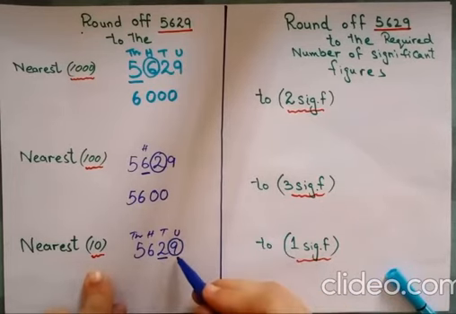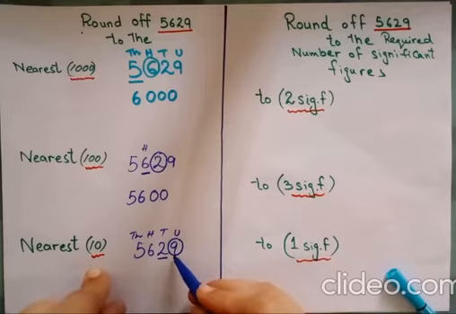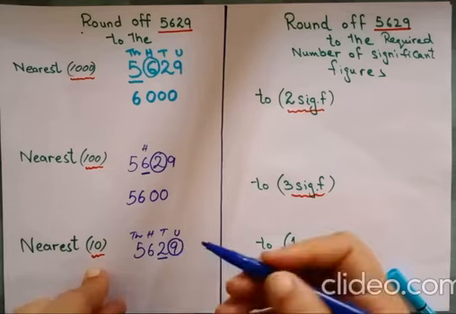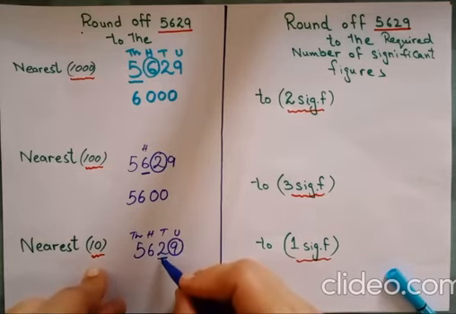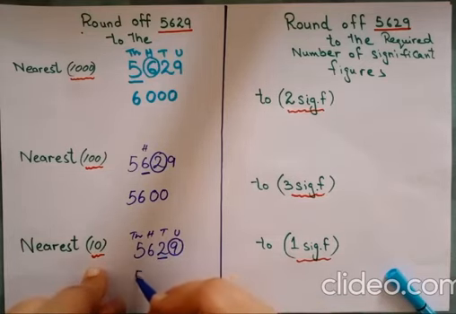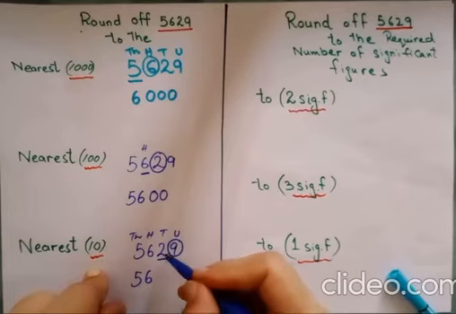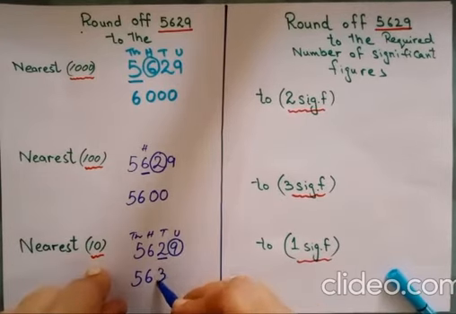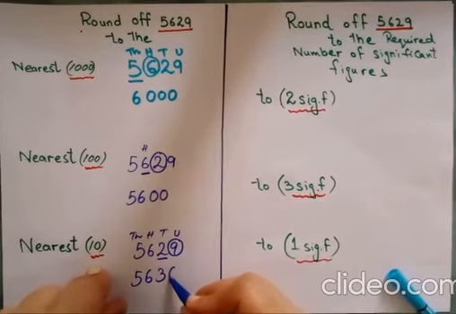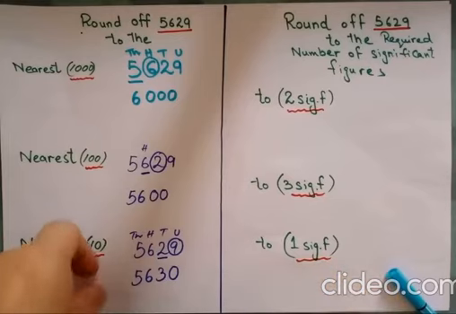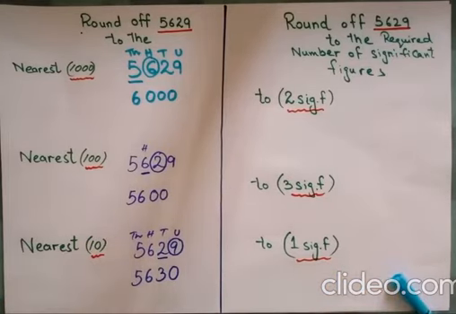Now if this is 5 or more, as you can see, this is 9, it's more than 5, so I will add 1 to this 2, and the remaining thousands and hundreds places will be as they are. Here, if we add 1 it will become 3, and 9 will become 0, as we have to write 0 to keep our place value. So these are 3 answers.